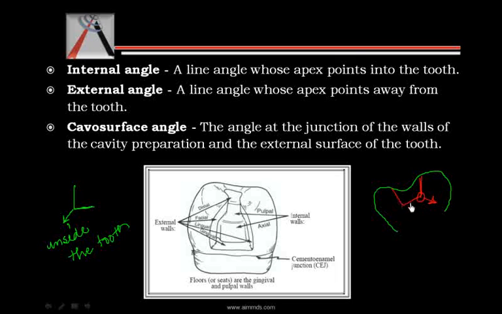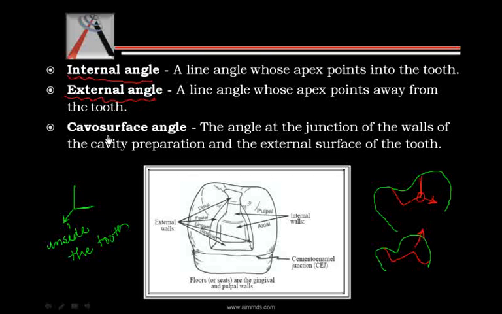But if a line angle is directed outside, for example, if we have this cavity, this particular line angle is actually pointing away from the tooth, and this is called the external line angle. So that is internal line angle and external line angle.